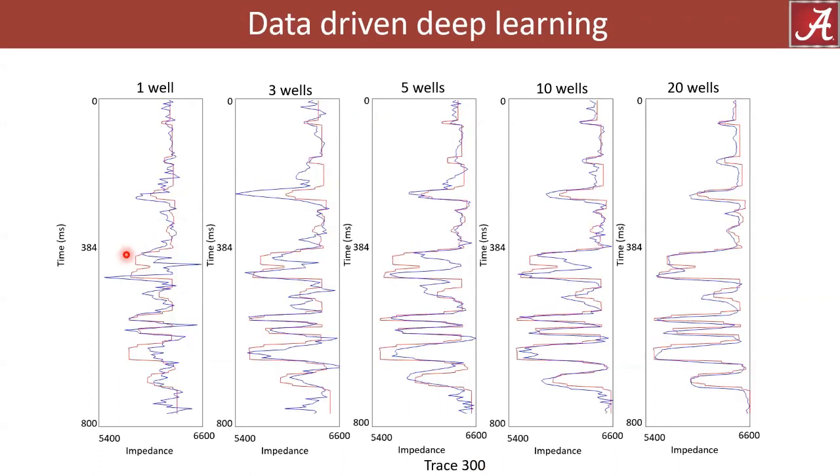But it's different in the data-driven method. We can see there's a big improvement from 1 well to 20 wells, because I think for this line, for the data-driven method, we need at least 20 wells to get a good result.